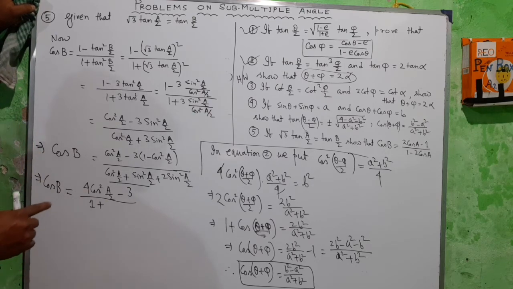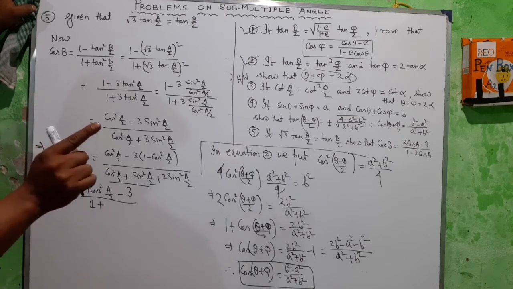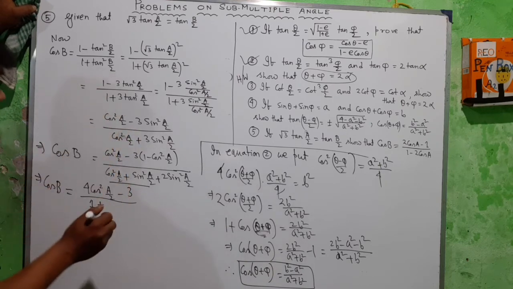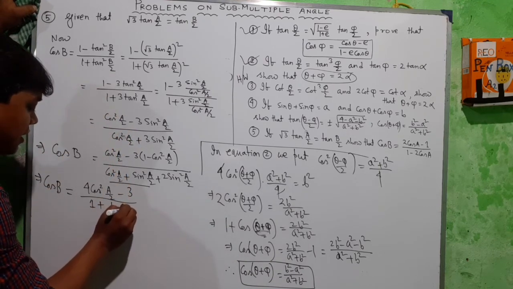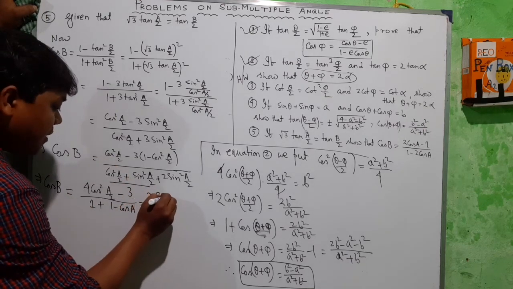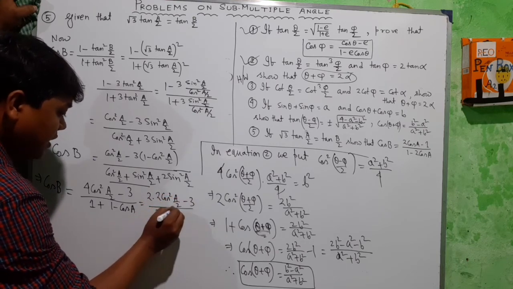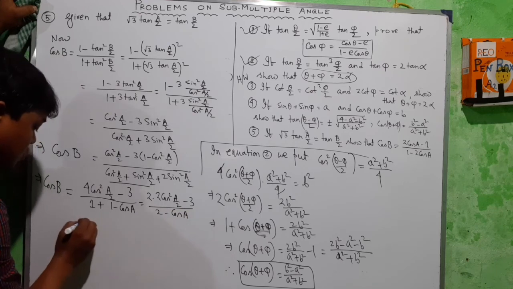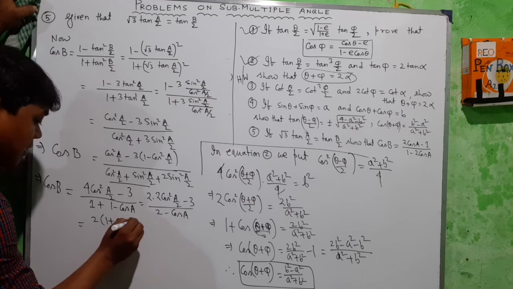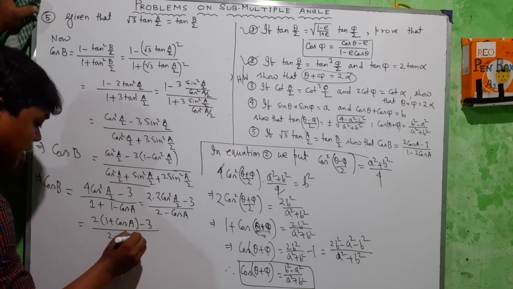That equals, because we know that cos a equals 2 cos square a/2 minus 1, or 1 minus 2 sin square a/2. So 2 sin square a/2 equals 1 minus cos a. And 2 into 2 cos square a/2 minus 3 by 2 minus cosine a. So 2 cos square a/2, that is 1 plus cos a, minus 3 by 2 minus cos a.